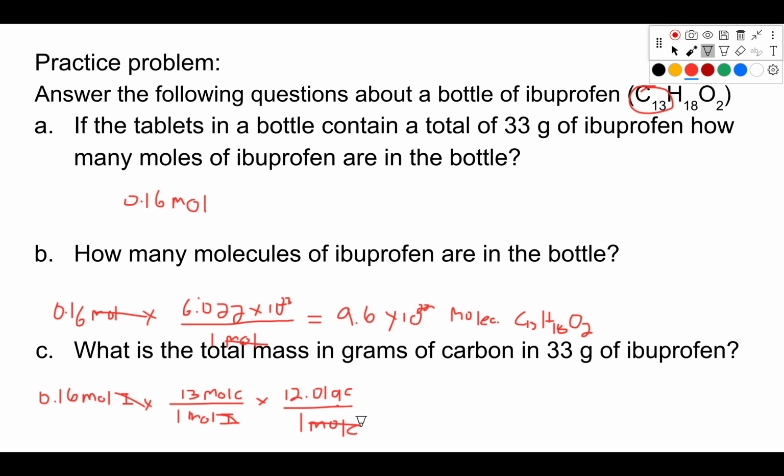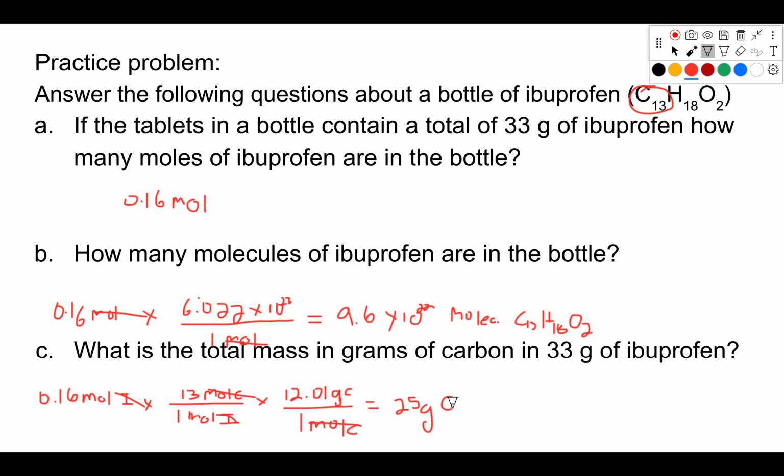And so then moles of carbon cancel, and we're left with grams of carbon. And if you work the math out on this, you're just taking 0.16 times 13 times 12.01, and you will come out with approximately 25 grams of carbon.